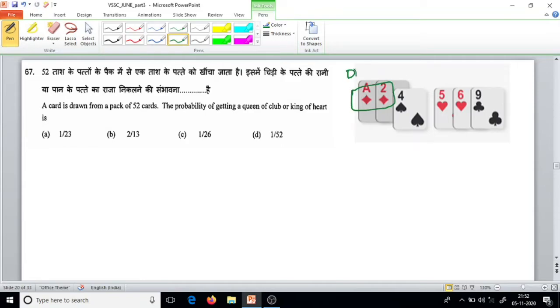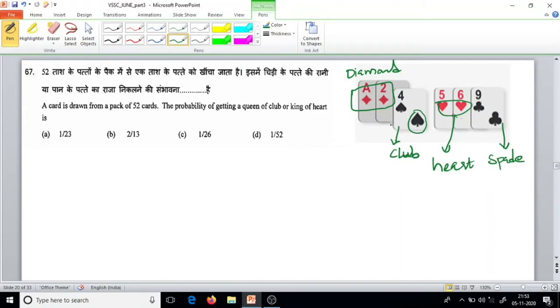This is the club card. See, with this symbol only we'll identify. It's a club card, and this is the heart card, and this is the spade card.